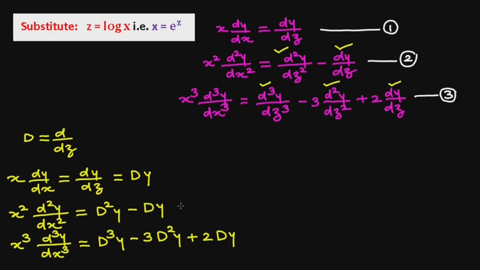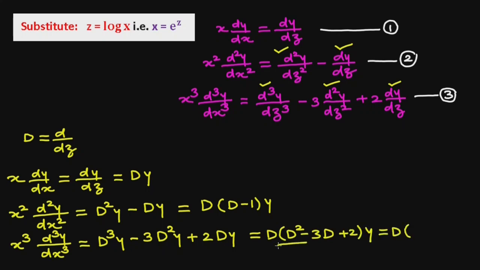This second result further will be D into D minus 1 y, and the third result further will be D into D square minus 3D plus 2 y, which further will be D into factors of D square minus 3D plus 2, D minus 1 into D minus 2, into y.